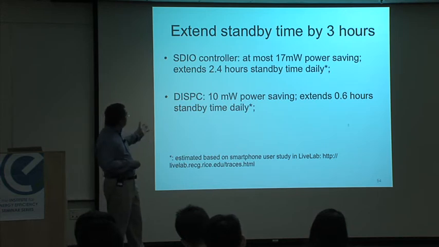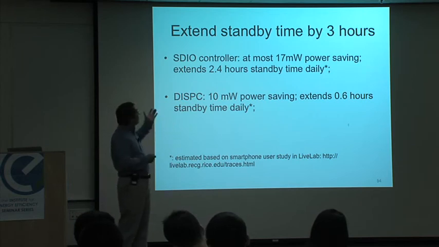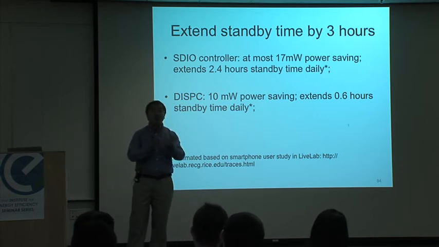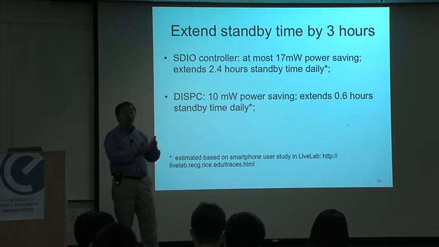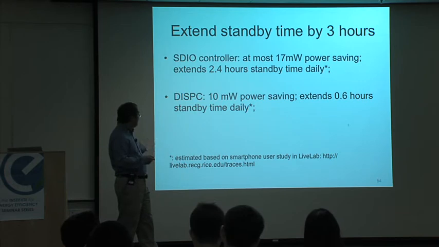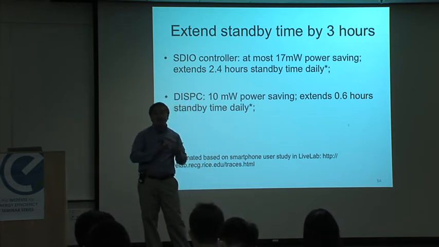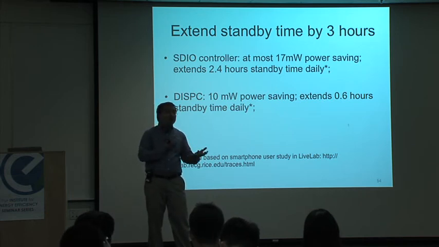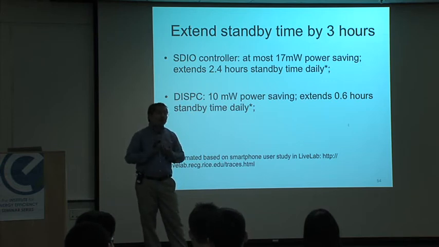And for the display controller, it's about 10 milliwatts of power consumption. And of course, this estimate of 3 hours is based on how often you use the device, because we save power only when you are using the device. This is runtime power management. This uses a trace we collected about 4 years ago on iPhones, of how often people use the device. And today, with people spending more time on their phones, we assume the saving will be more significant.